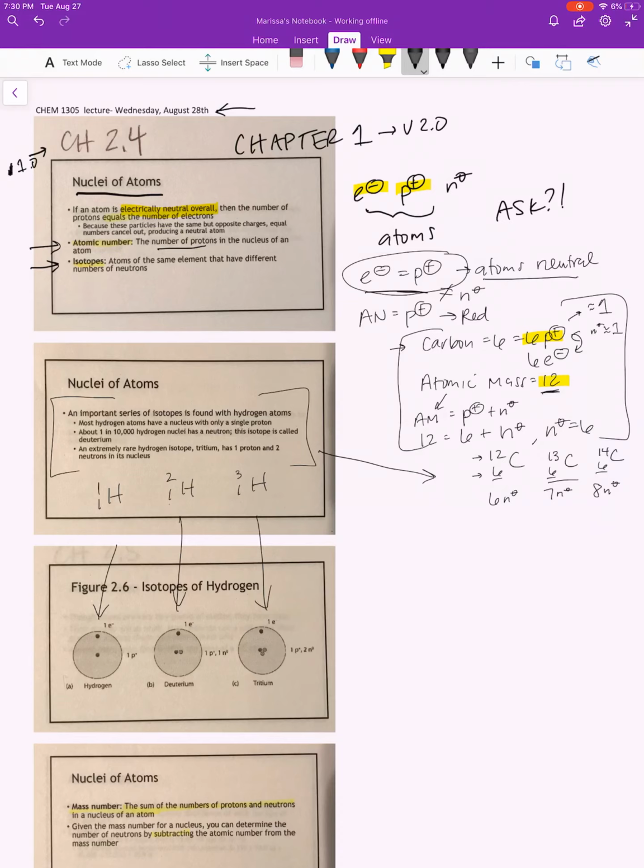And if we follow the same pattern we did with the carbon, we know that this hydrogen has 1 proton, 1 electron, 1 proton, 1 electron, 1 proton, and 1 electron. Okay? And then we know that because the mass is 1, in order for this formula, 1 equals 1 plus number of neutrons to be true, it means that this hydrogen has 0 neutrons.